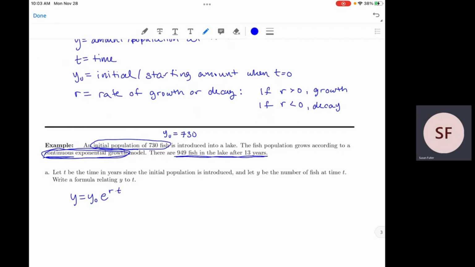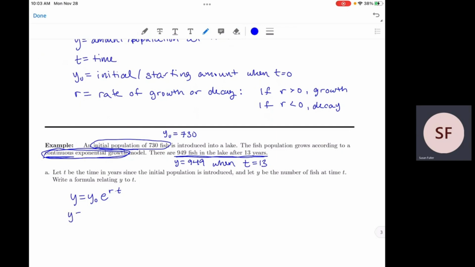So that's telling us that y, which is the amount or the population, is 949 when our t value is 13 years. Okay, so we know y sub 0 is 730, and then y is 949 when t equals 13.